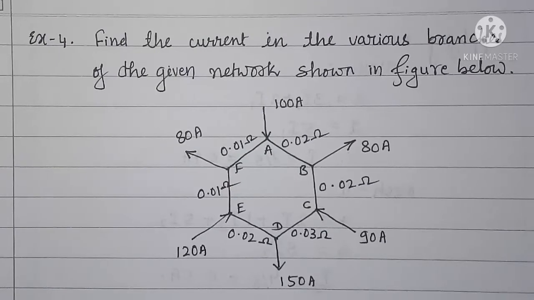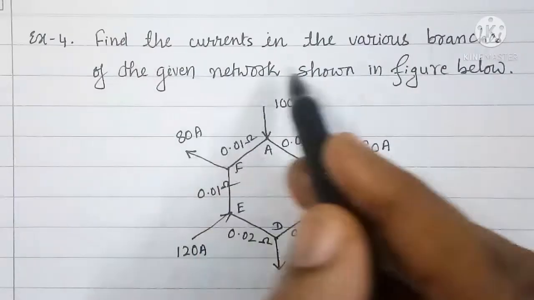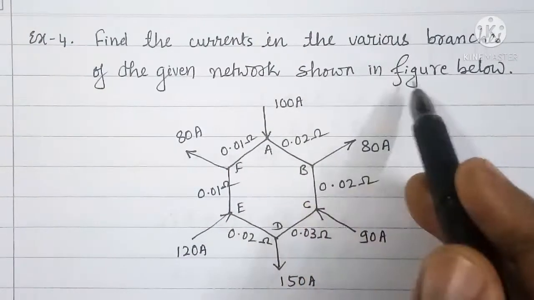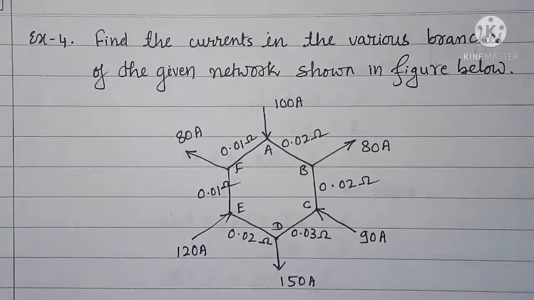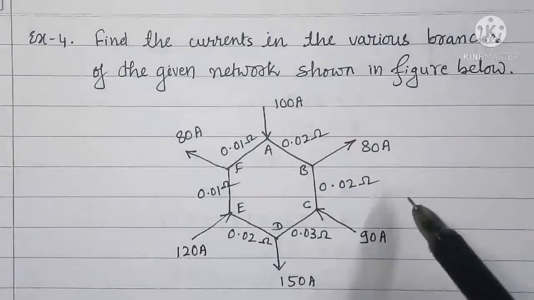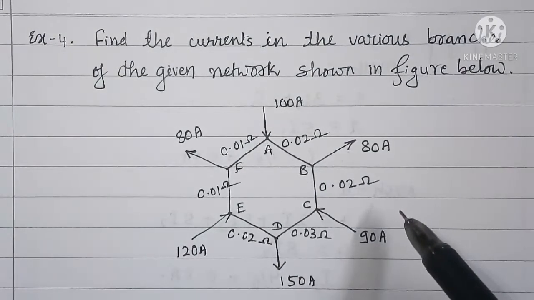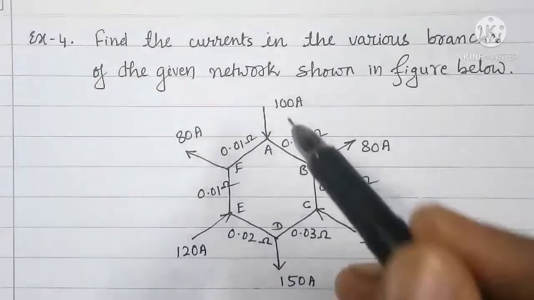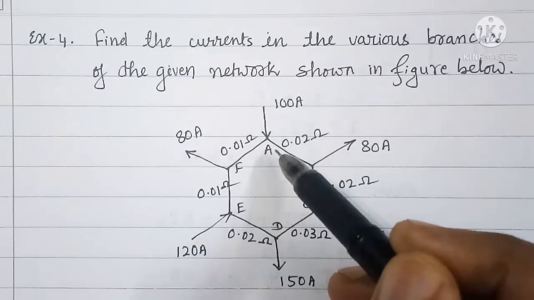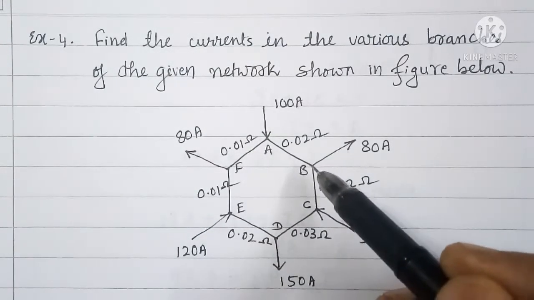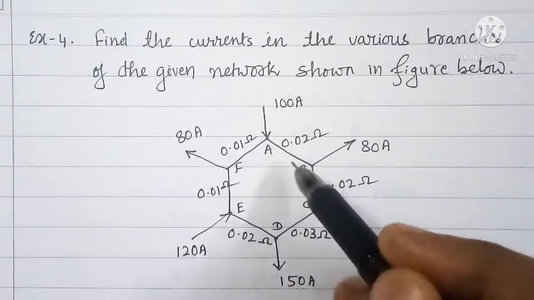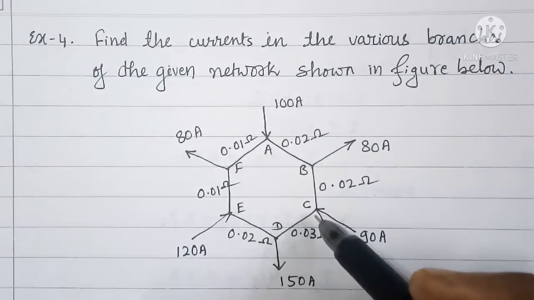Now here is the fourth problem. Find the currents in the various branches of the given network shown in the figure below. So here is the given network, and here incoming currents at certain nodes or junctions and outgoing currents are given along with the branch resistance values.